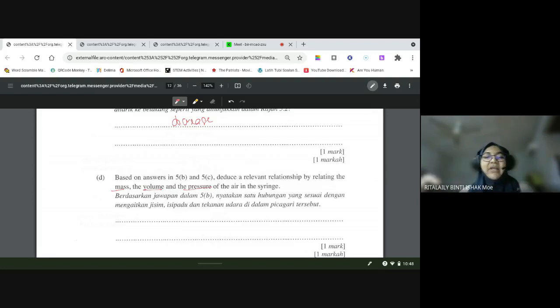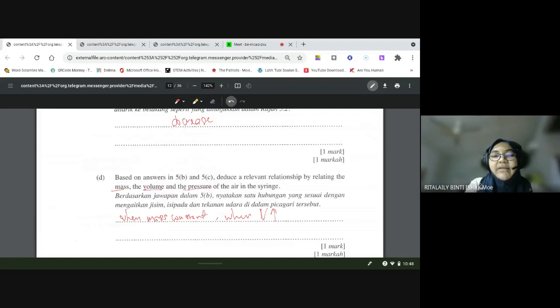Dalam kes ini, when mass constant, okay, mass tak berubah ataupun mass fix. Mass equal macam kurang tepat kan dia punya perkataan tu. Mass constant boleh, mass fix boleh. When mass constant, volume increase, pressure decrease.